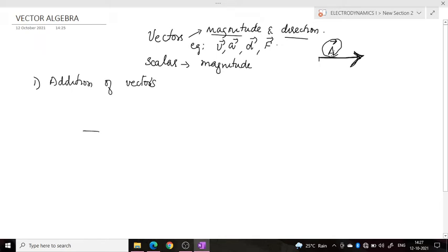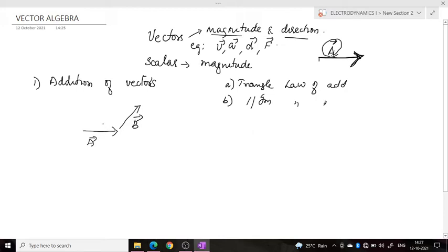Let one vector be A and another vector be B. You have studied two methods in your plus 2 classes. The first is the triangle law of addition, and the second is the parallelogram law of addition.